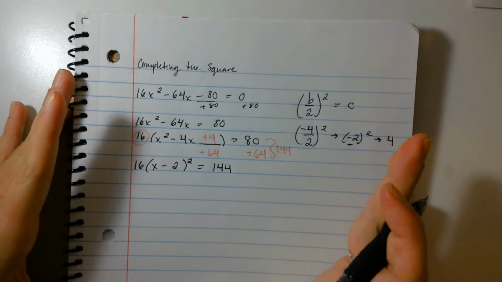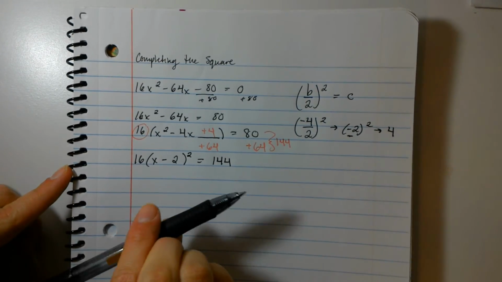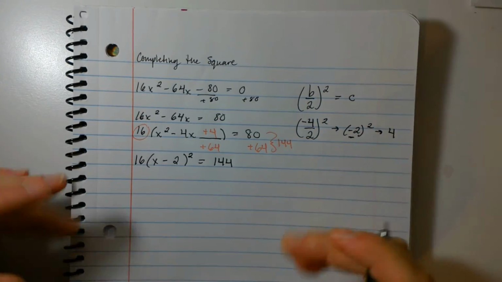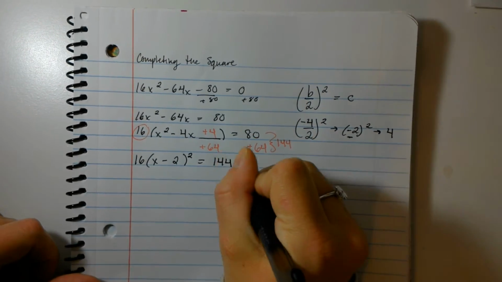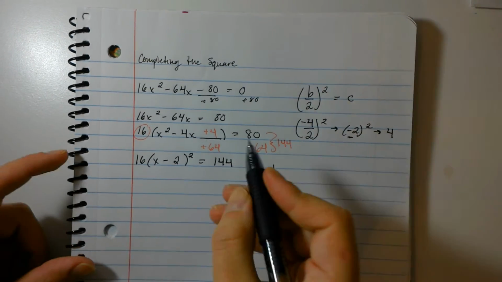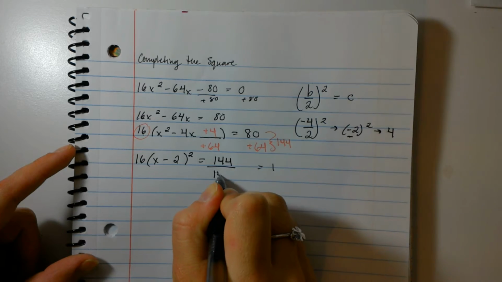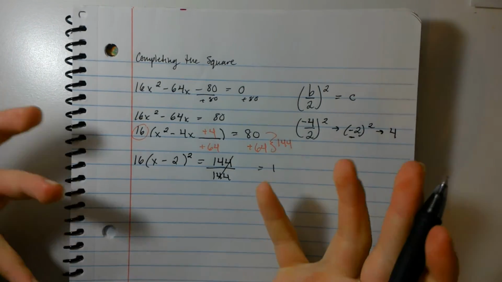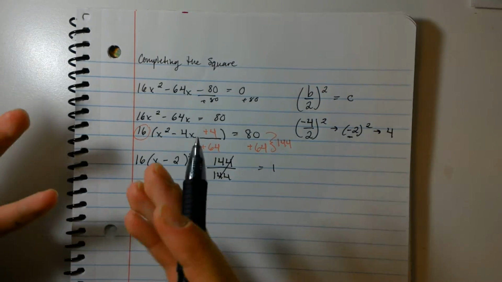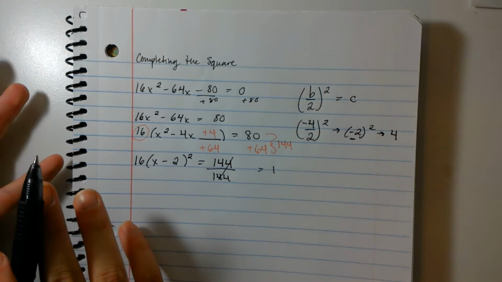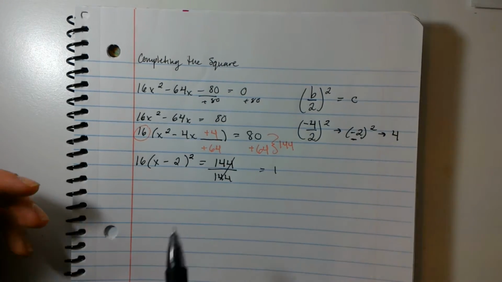The next step is you're trying to get the right side of the equal sign equal to 1. That's the goal, is you're trying to get the right side all equal to 1. So by doing this, you're going to divide 144 on this side to get it to equal 1. Now what you do to one side, you have to do to the other. And that was the goal here too, because you're trying to get the other side of the equal sign into a fraction format.